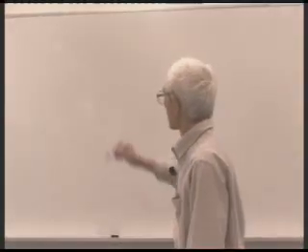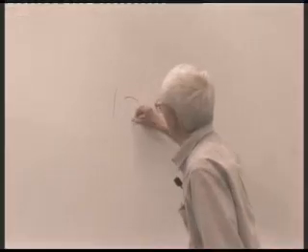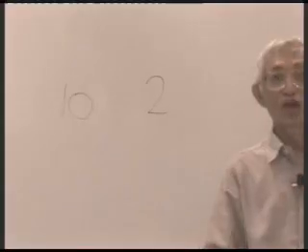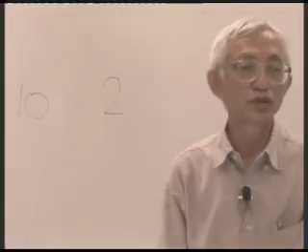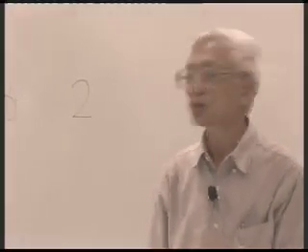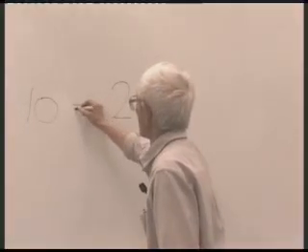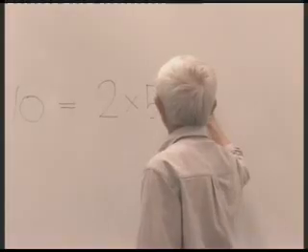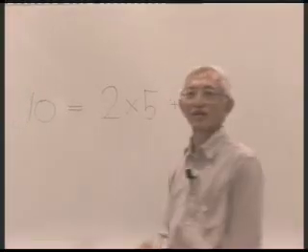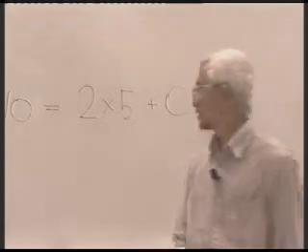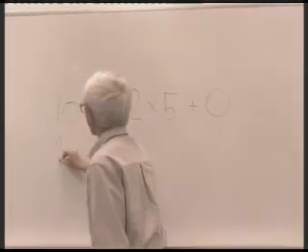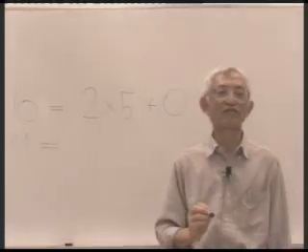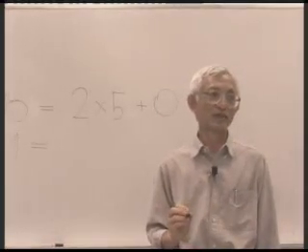Say, for example, you have a number 10, and then you ask whether the number is divisible by 2 or not. So what you do is you divide 10 by 2, then you get 2 times 5, and the remainder is 0. Now, if I have a number 11, then again I ask whether 11 is divisible by 2.